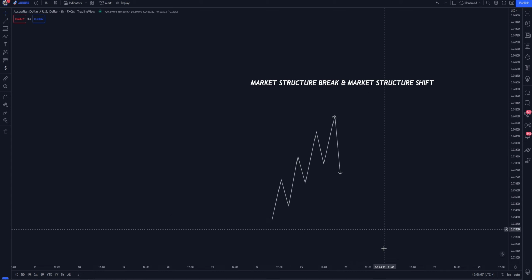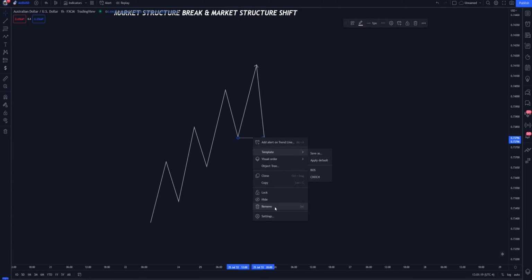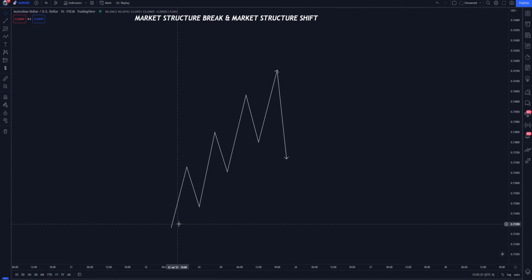Okay, so very simple, guys. When price breaks the previous low, then that price action is considered to be a market structure shift. I will repeat that again. So you can see that we are continuously making higher highs, higher lows. Once the new higher high is made, we can then look for market structure shift.